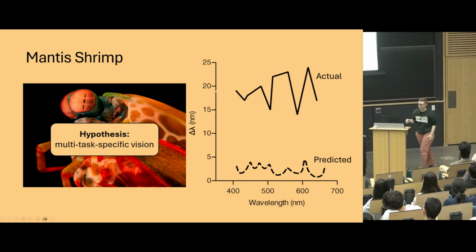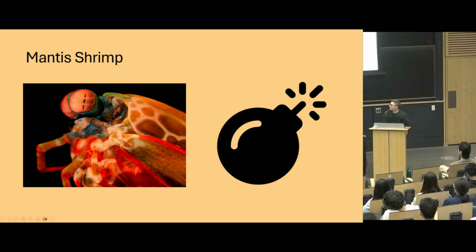That's our hypothesis. And one of the great things about the mantis shrimp is that we have a good idea of some of the things that they need behaviorally. There's a hypothesis that the mantis shrimp has been living with the bomb. And what I mean by that is that these animals can punch so hard that they can easily kill each other, and they live in habitats where they compete for resources.